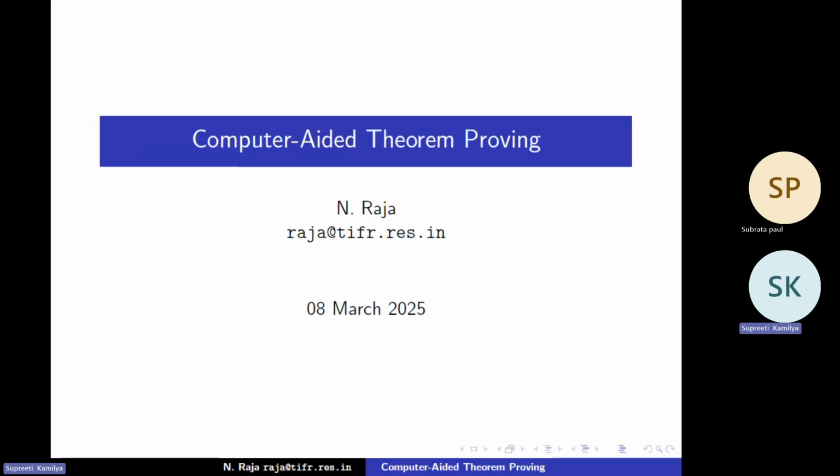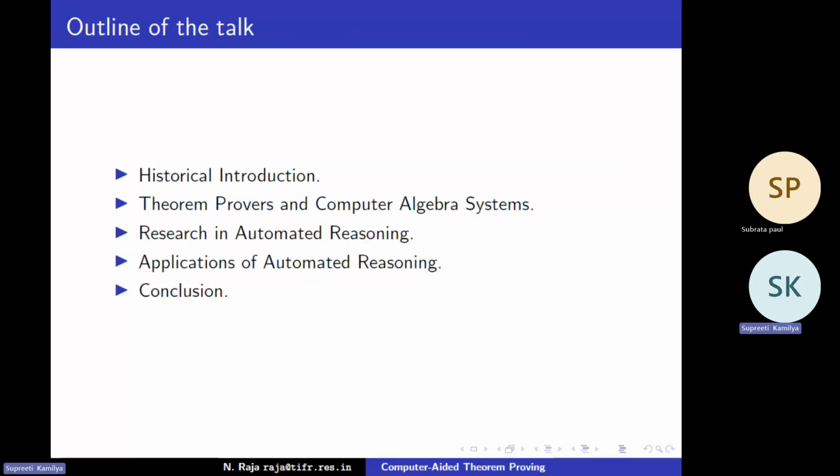And they've gone their own separate ways. And there are two major communities among them. There are those who work with computer algebra systems, and then there are those who work on theorem provers. Yeah? So I'll give you some highlights of this kind of work, of these two branches.